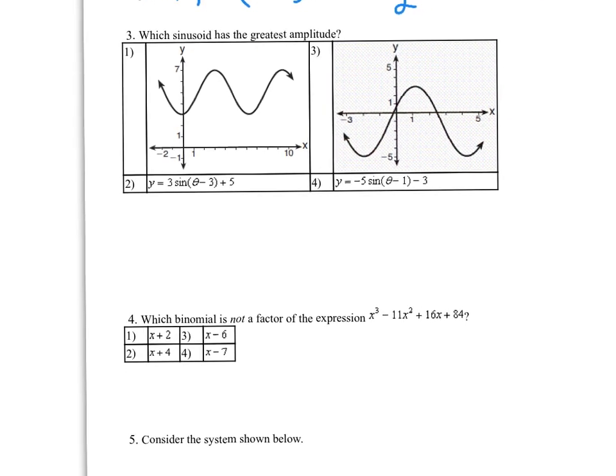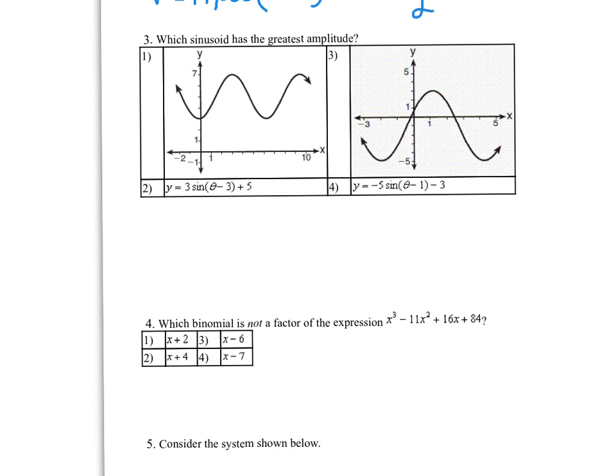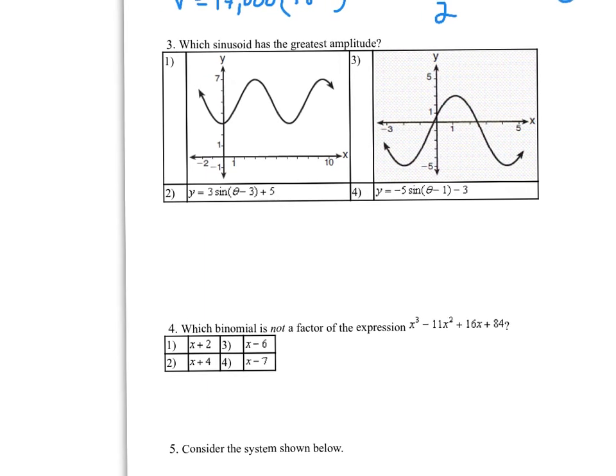For choice 1, I'm going to take the maximum, and I see that occurs right here at 7, minus the minimum, which occurs at 3, and then we just divide by 2. So that would be 4 divided by 2, which is 2.